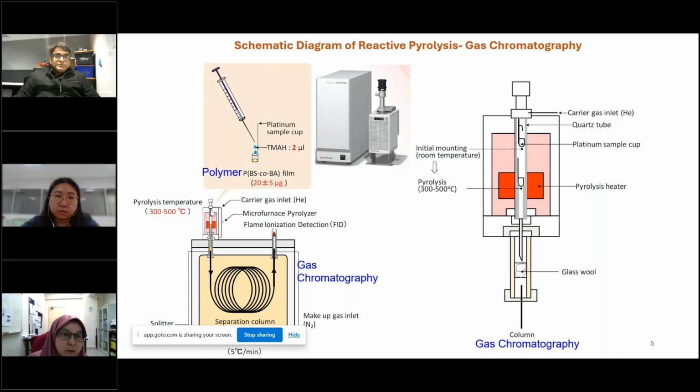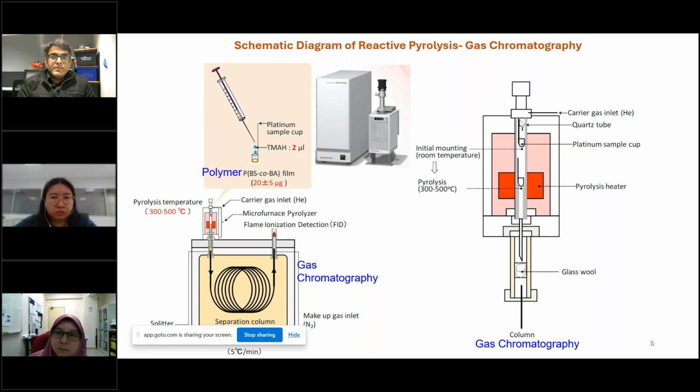Looking at the pyrolyzer in detail, we put the small platinum cup on top of this section, the initial mounting. At this stage, it is at room temperature. When we insert, we press this button so that it will drop into the pyrolysis section.